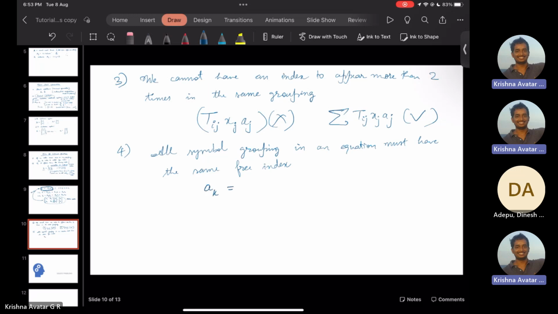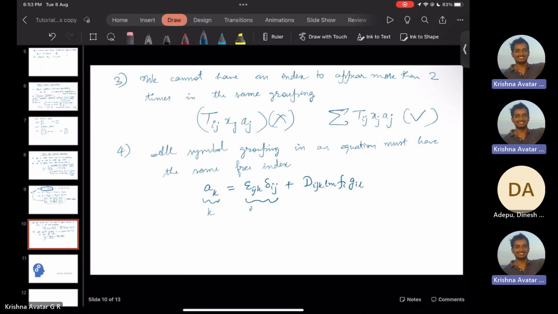Say we have a_k is equal to epsilon_ijk delta_ij plus d_ijklm f_i g_il. Let's go symbol by symbol. On the left hand side there is just k. On the right hand side, let's look at the first symbol grouping.